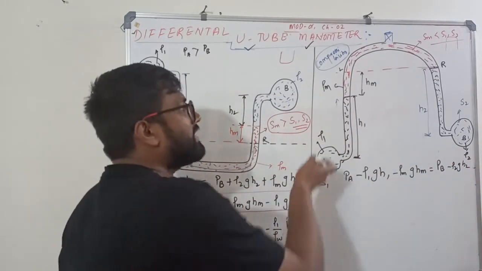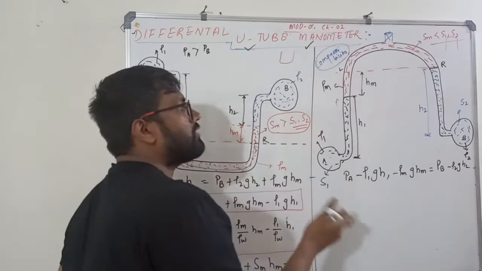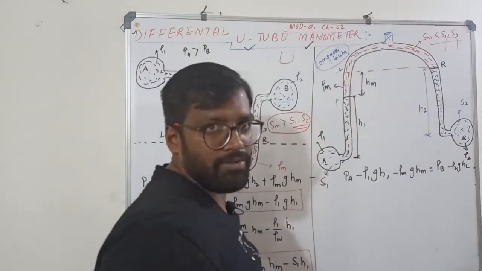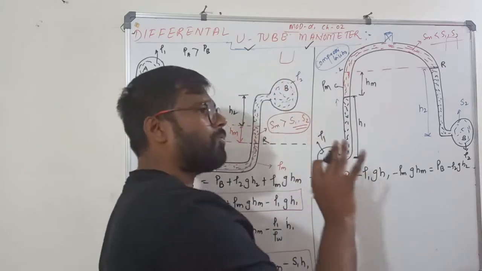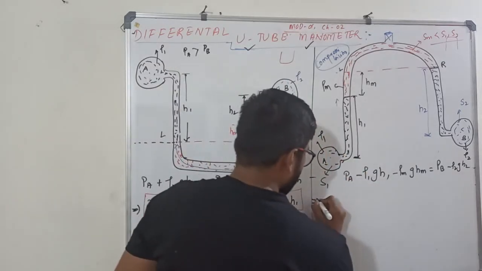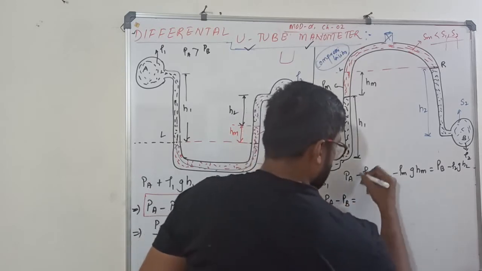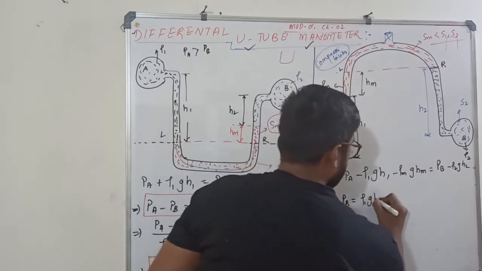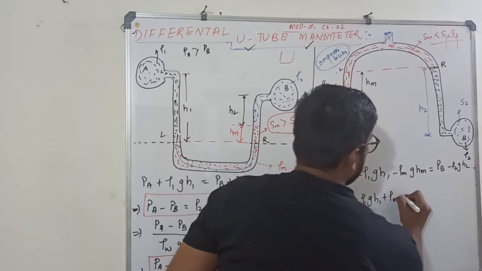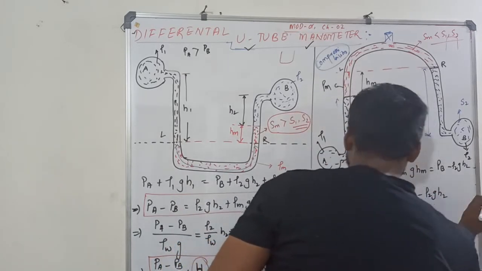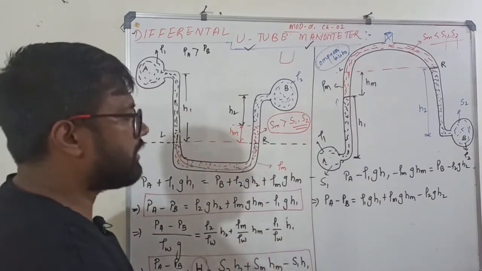I can only take the reference lines once everything is in static nature, meaning they have attained equilibrium. So this implies PA minus PB is equal to rho 1 g h1 plus rho m g hm minus rho 2 g h2.